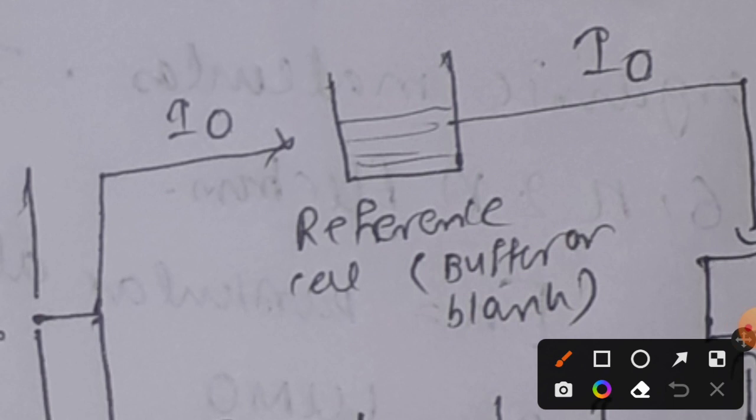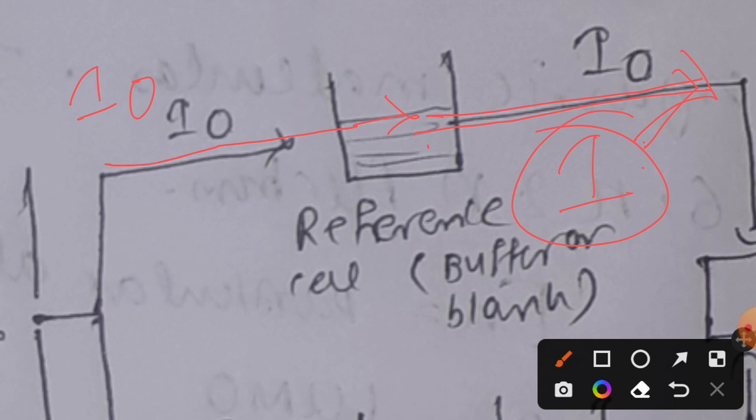Because remember, I0 is going through the solution and some of it is absorbed. Okay, and the remaining is just passing through, right? So these remaining lights will be known as transmitted light. So here the transmitted light and our incident light will be exactly the same, because the reference cell will not contain any kind of sample.